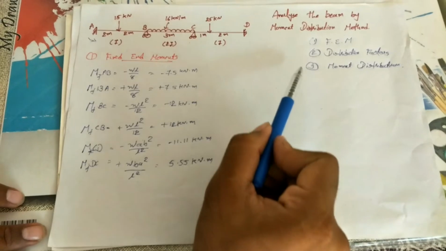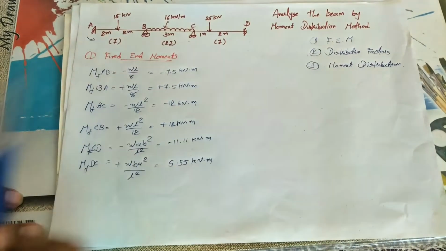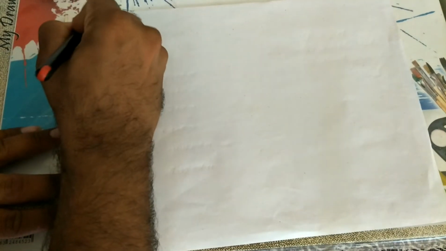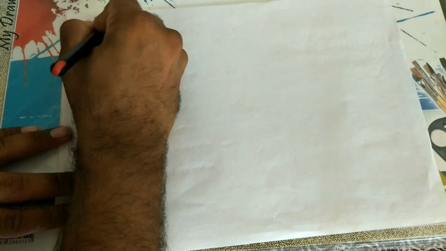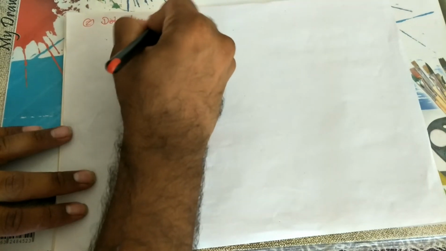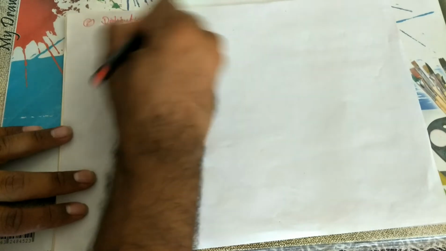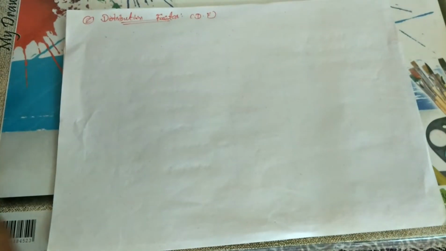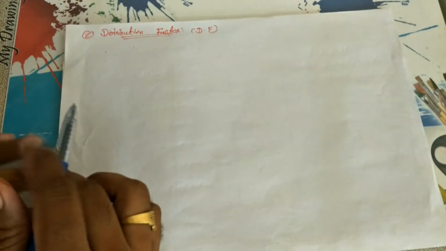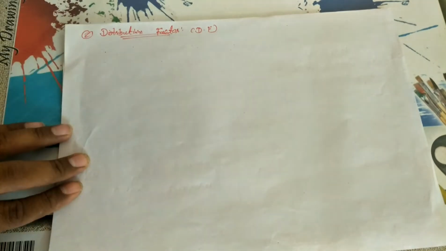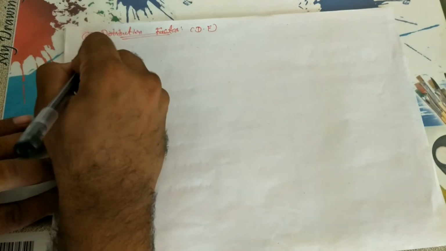Now the next step is to calculate the distribution factor. For that we have to make a table. In it we consider the joints.